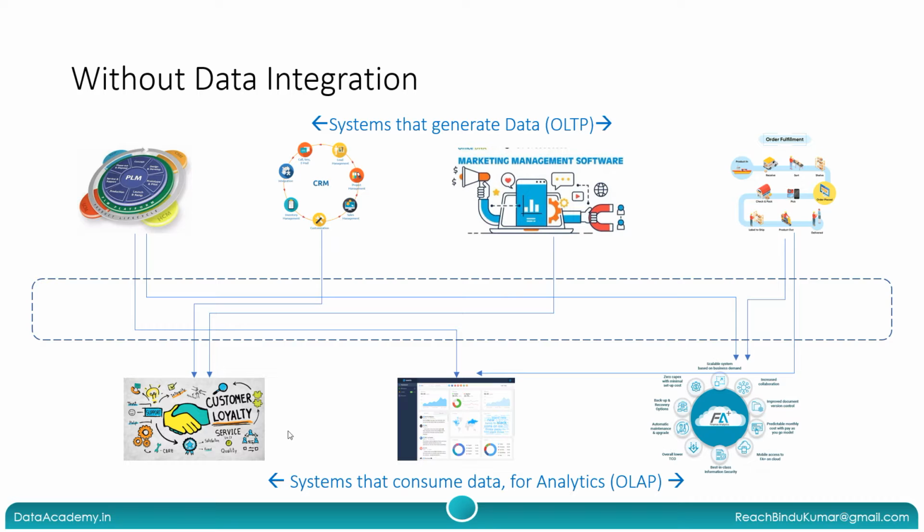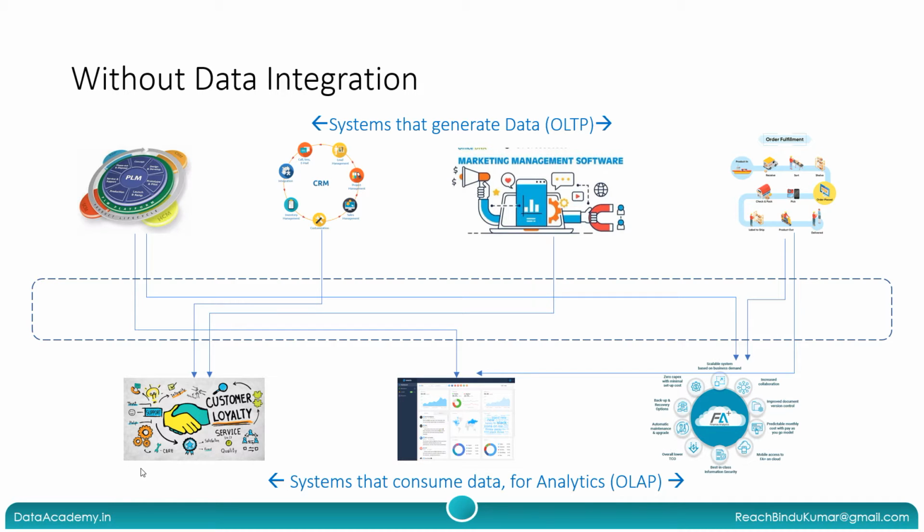For example, retail analytics is reading the data from the PLM system, and so is the financial analytics. It is also consuming the data from the PLM system. So over time, there are multiple systems that are reading data from the same system that generates the data. You can see a crisscross of lines between the systems that generate data and systems that consume data.